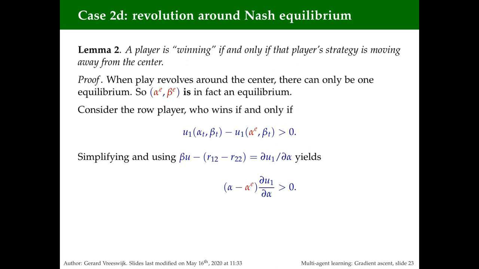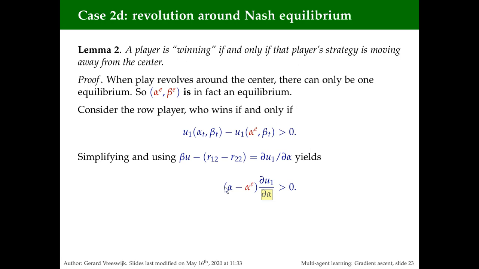Now we have defined that the player wins if this is the case. Now we consider the case only for the row player. Now if we solve this and we isolate the dynamics and this one, we end up with this equation which says that the product of those two expressions must be positive.